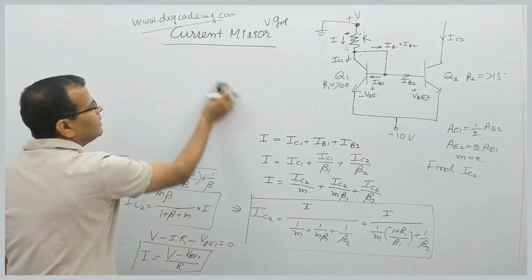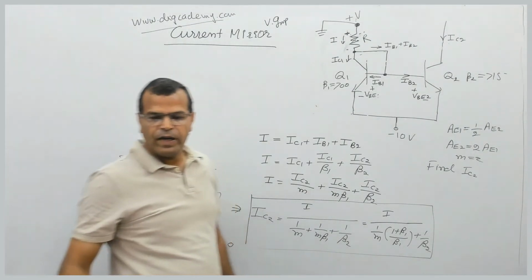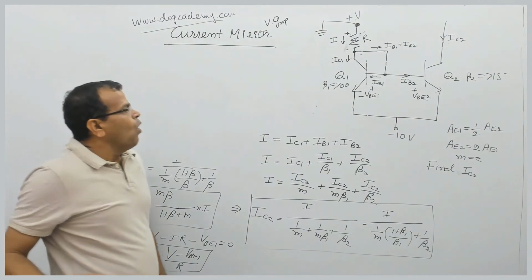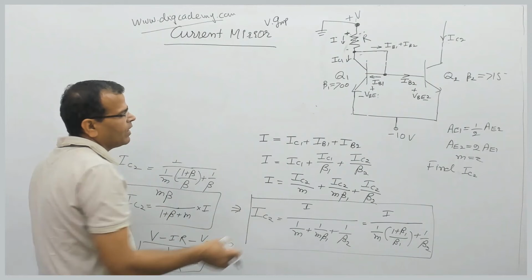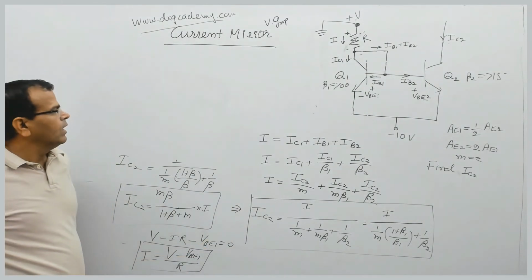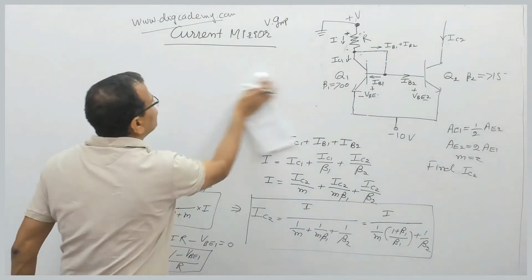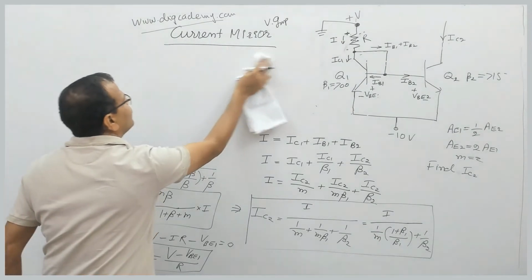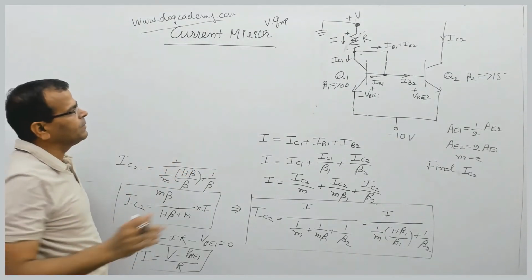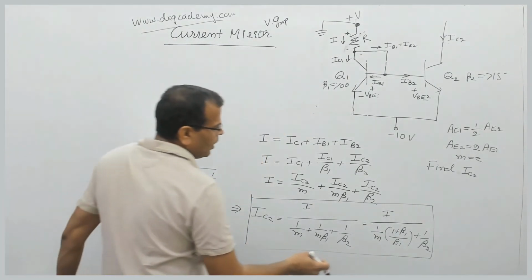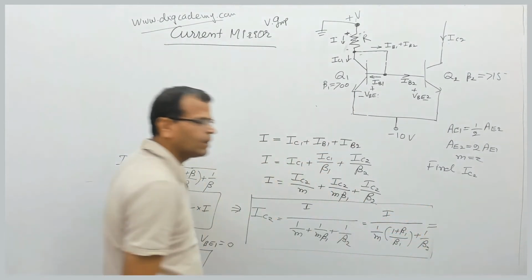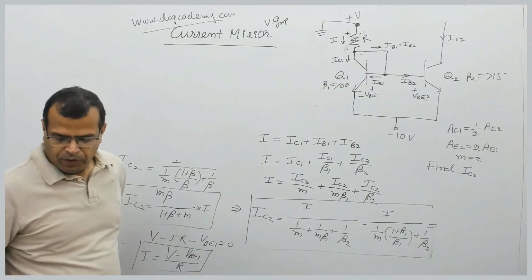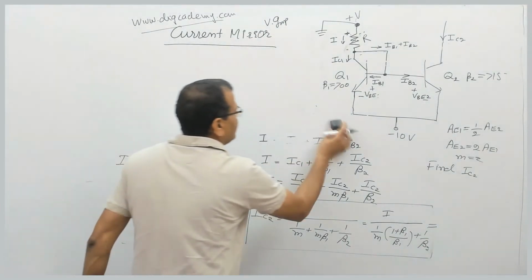First of all, we know the expression of current IC2. It is already given to you.